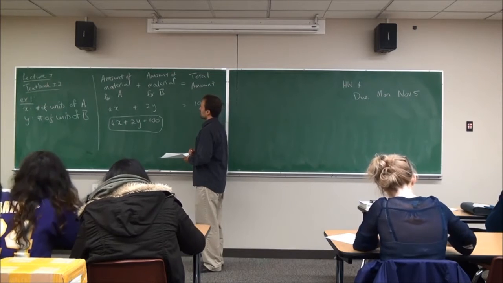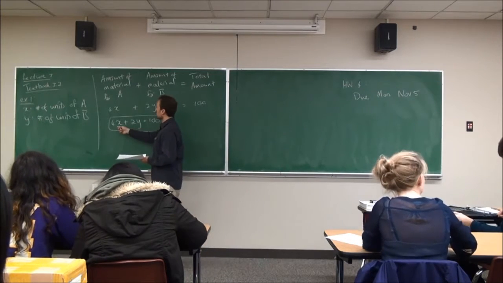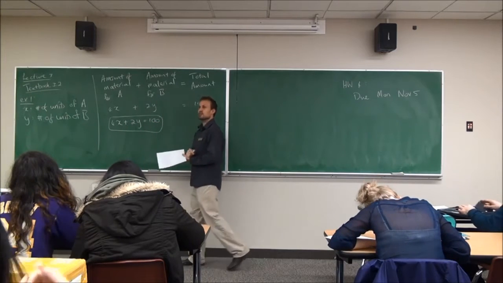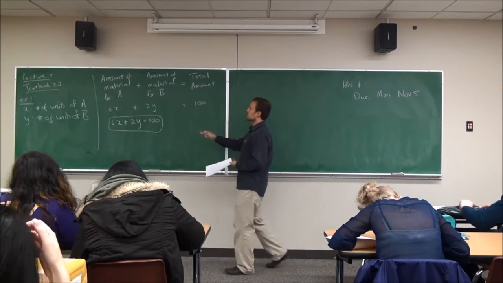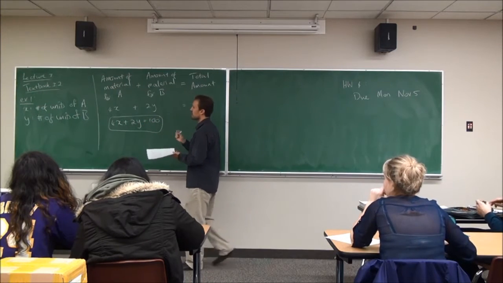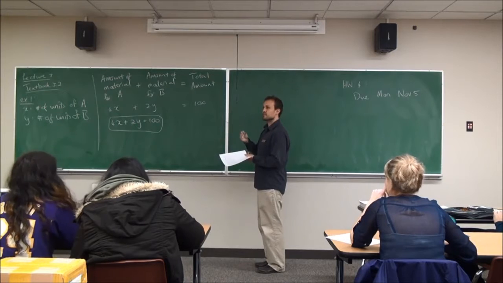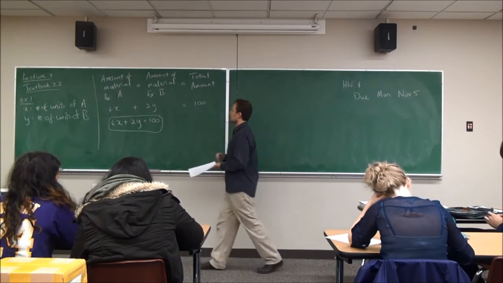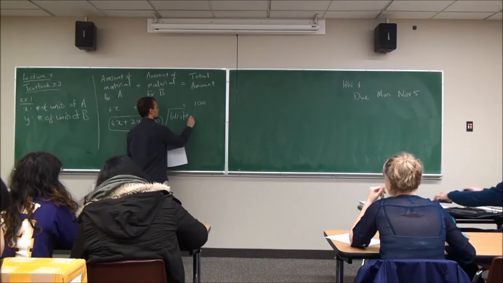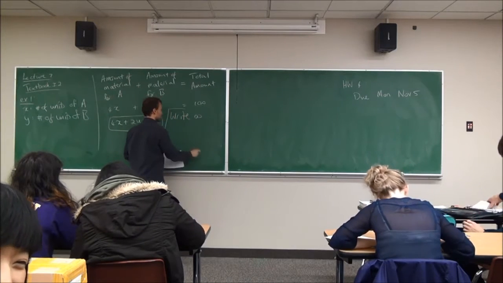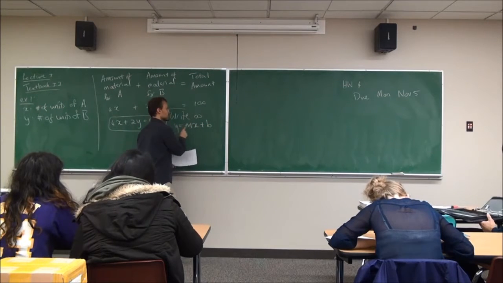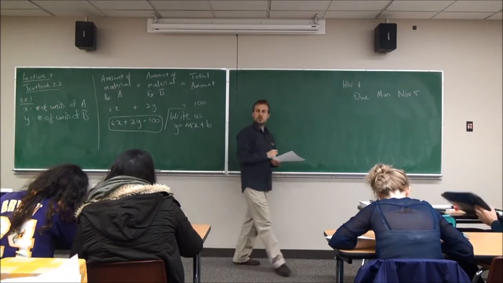Now, as one increases, the other one's going to decrease to give me a total of 100 every time. But this form of the equation isn't as nice for me personally to see how a change in one corresponds to a change in the other one. So I want to write it as y equals mx plus b, because I know how to interpret the slope.